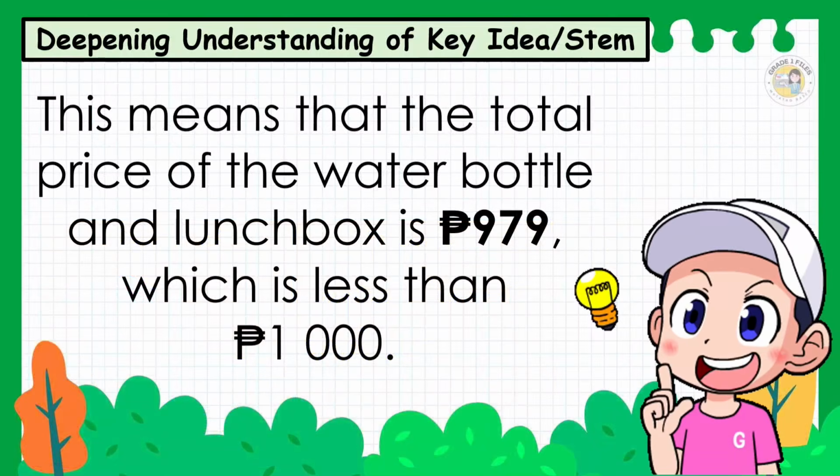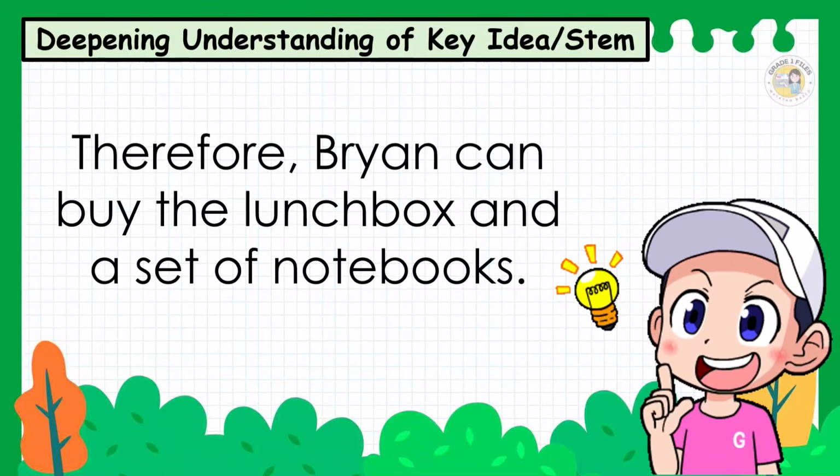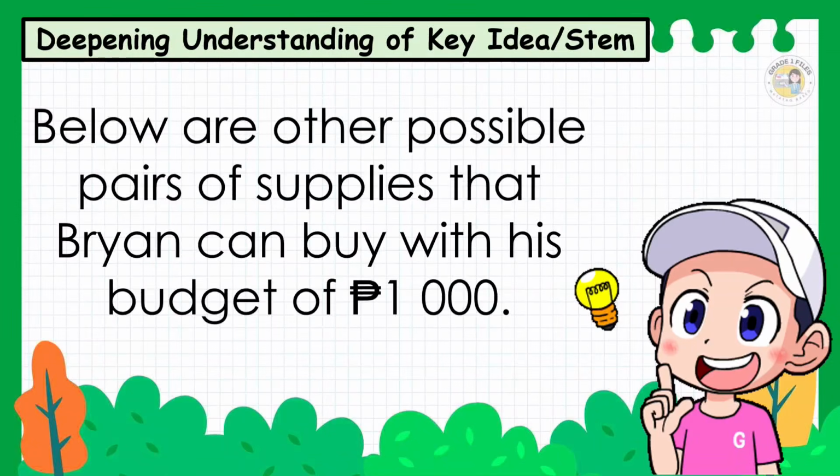This means that the total price of the water bottle and lunchbox is 979 pesos, which is less than 1,000 pesos. Below are other possible pairs of supplies that Brian can buy with his budget of 1,000 pesos.